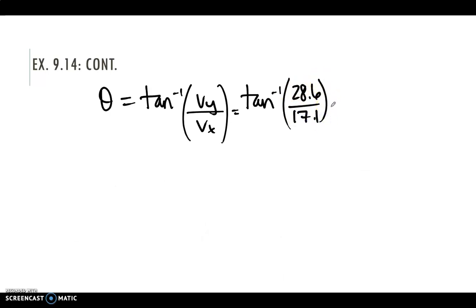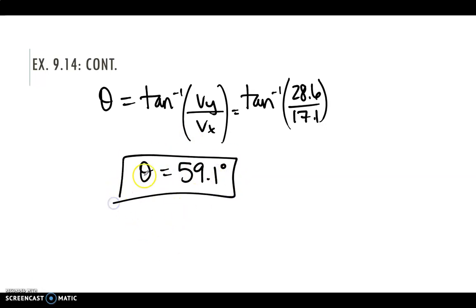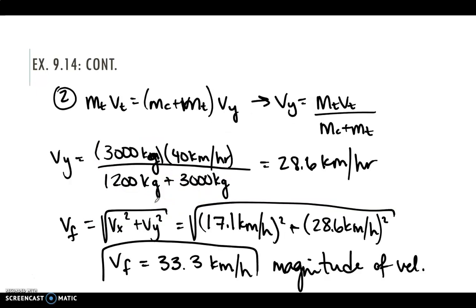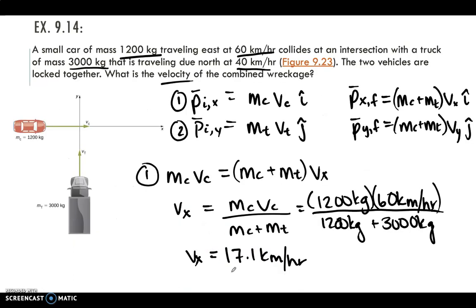I'm going to put that in my calculator, and I get a value of 59.1 degrees. So this is the direction of my velocity. So 59 degrees with a magnitude of 33.3 kilometers per hour. And that would be my velocity.